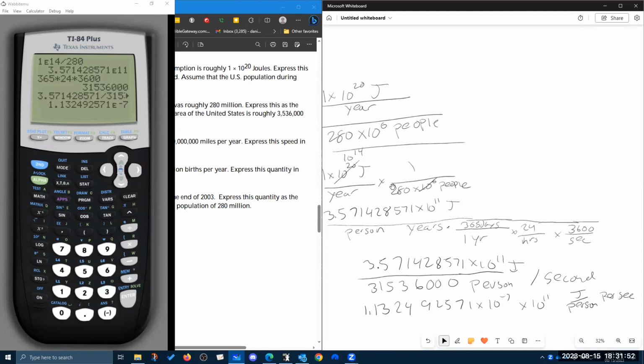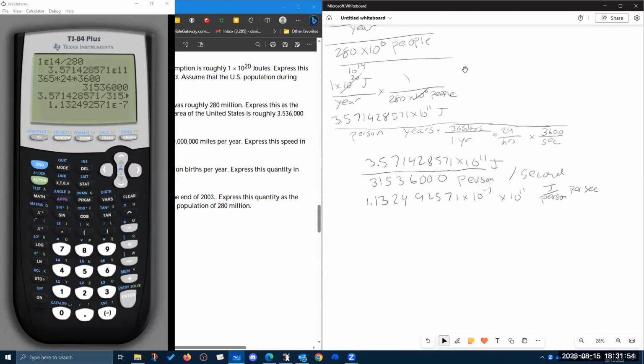That is going to give us about 1.13 times 10 to the 4th joules per person per second.